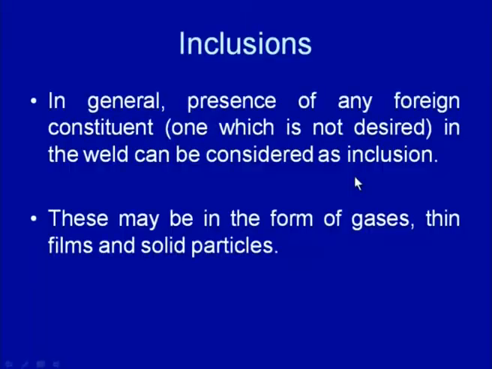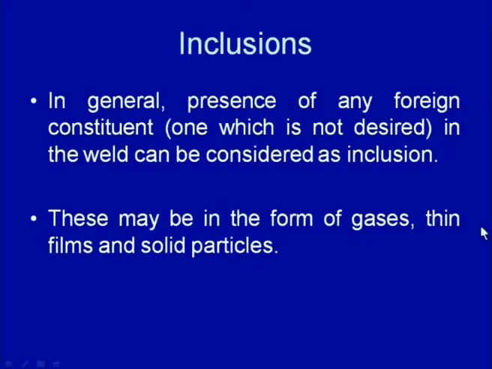Inclusions are formed in the welds of the aluminum alloys mainly due to the presence of foreign constituents. These may be impurities, or these may be in the form of gases, or in the form of thin films and solid particles.